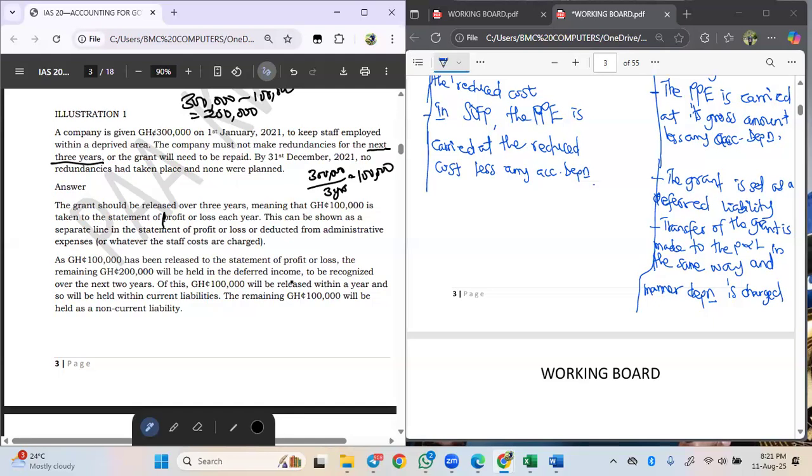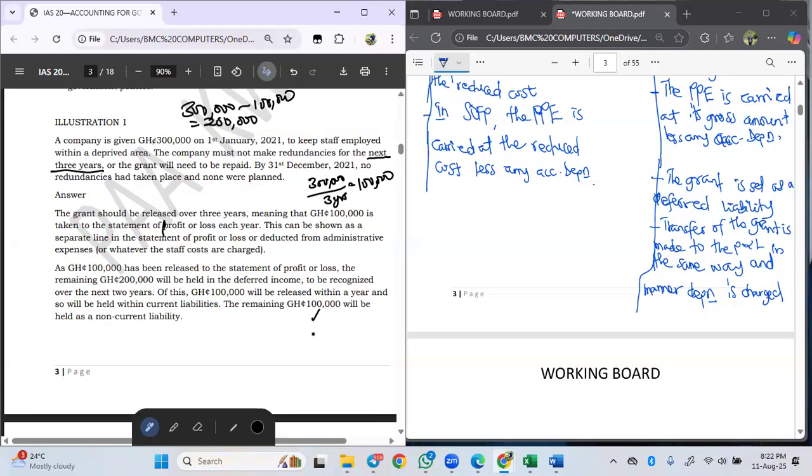The next year, that is 2022. So that 100,000 that will be released within 1 year will be held within current liabilities. So 100,000 out of this 200,000 will be held in current liability, and the remaining 100,000 will be held as non-current liability, because this 100,000 will be released to P&L in the year 2023.